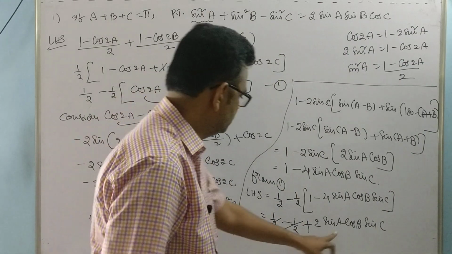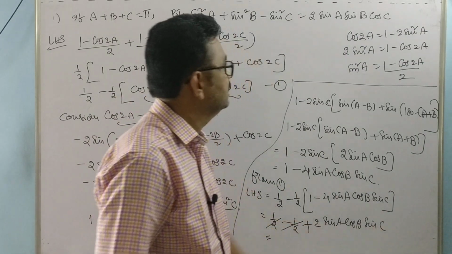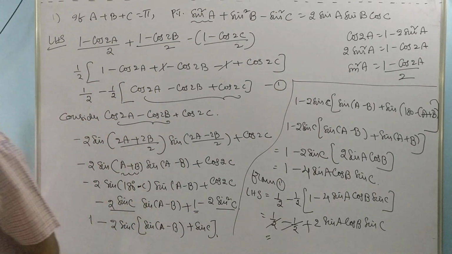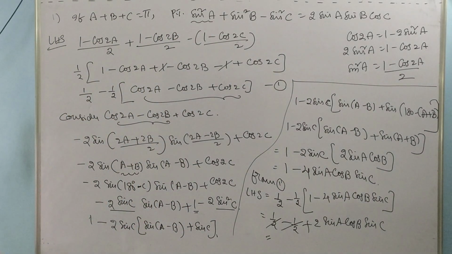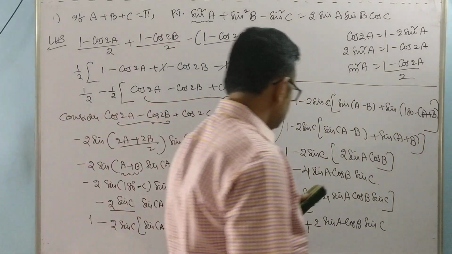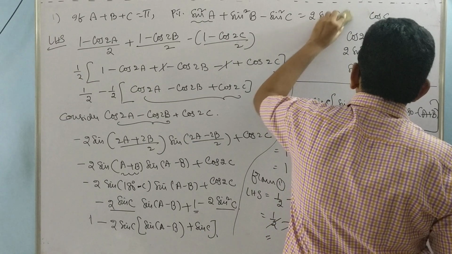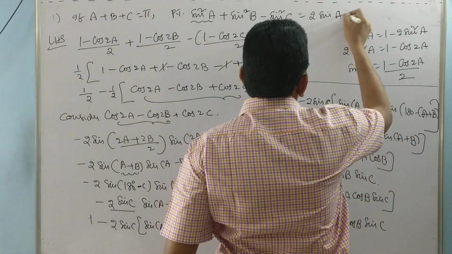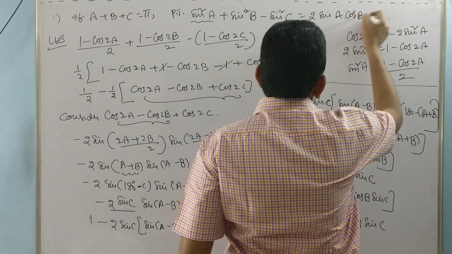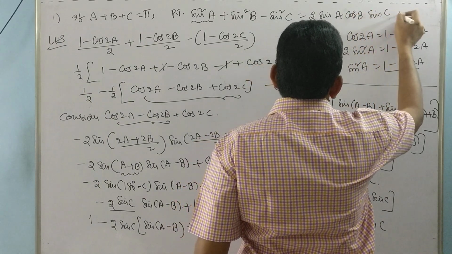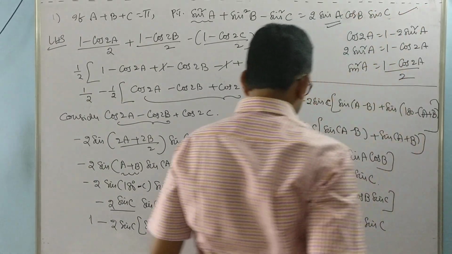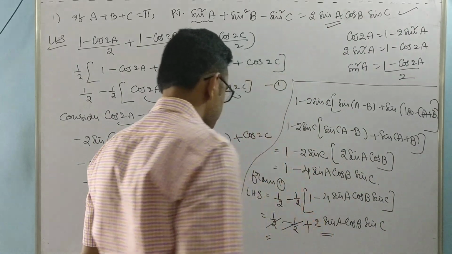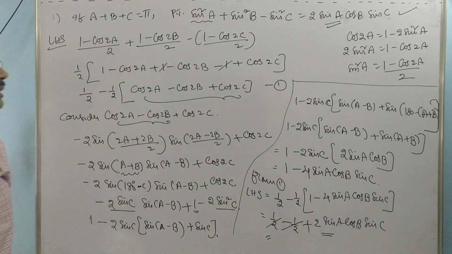Therefore we get 2 sin a cos b sin c. Hence this is the result.